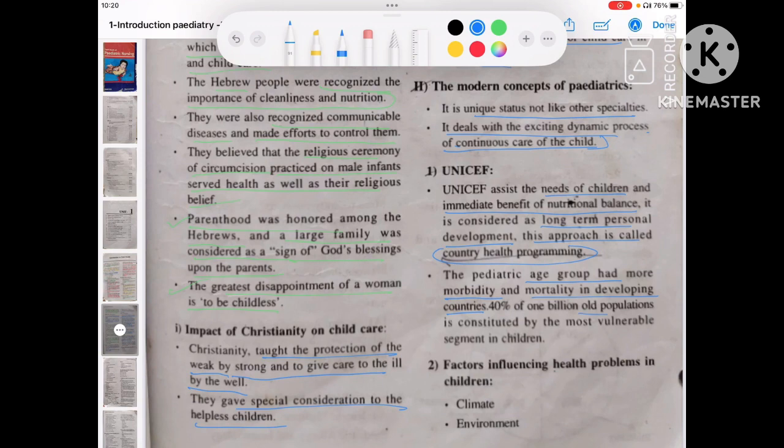40% of the one million population is constituted by the most vulnerable segment, the children. Morbidity means the number of diseases in a population, and mortality is the number of deaths, which relates here to the number of deaths of children.